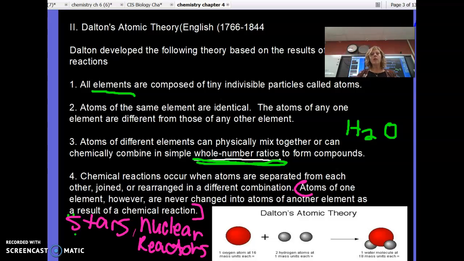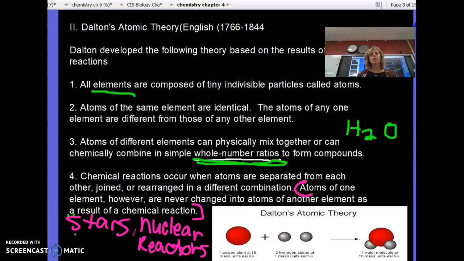Those are all things that actually change. They split an atom, or they fuse 2 other atoms together, fuse particles together to make a new element. That's actually how the man-made elements are made. And remember, there's lots of them now.